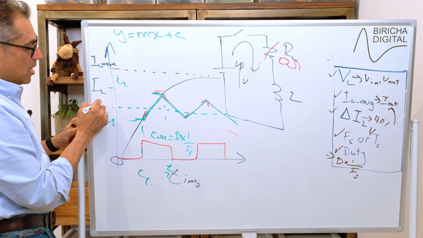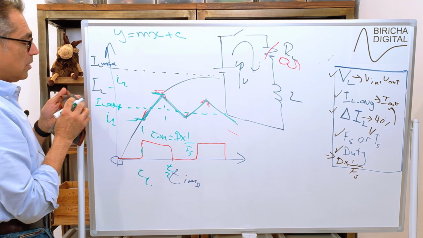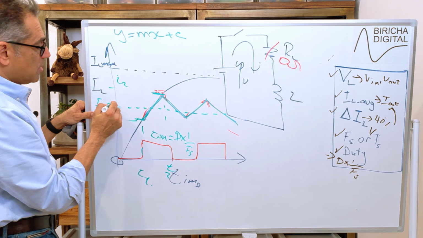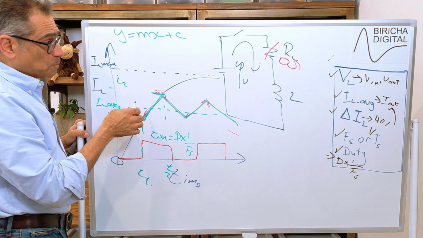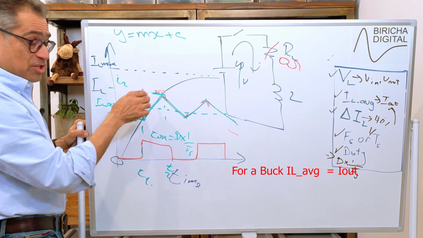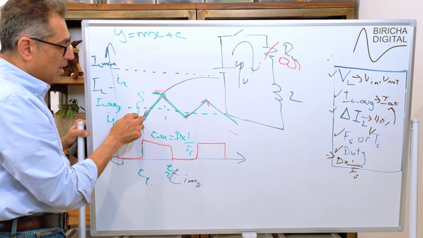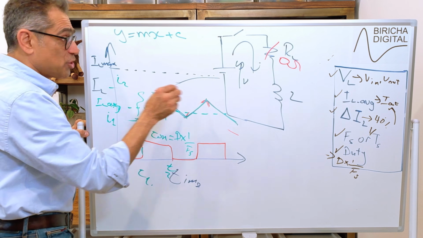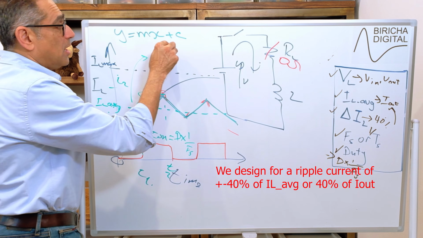This is my IL average, which I know because it's my output. Therefore, we know by default that this is what we wish to have at 40% of our average. This gives me delta I.